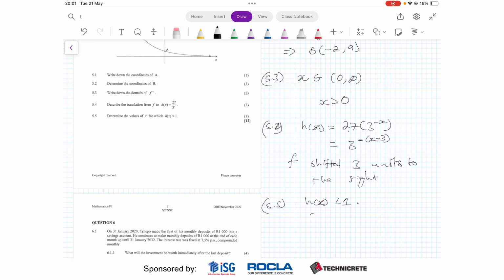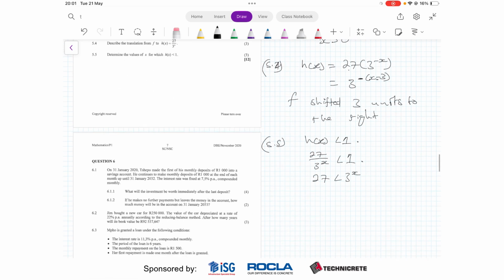We will have that 27 over 3 to the power x is less than 1, which tells us that 27 is less than 3 to the power x, and 3 to the power 3 is less than 3 to the power x, and finally x must be greater than 3. And that is it for question 5.